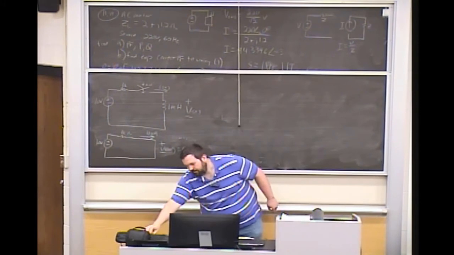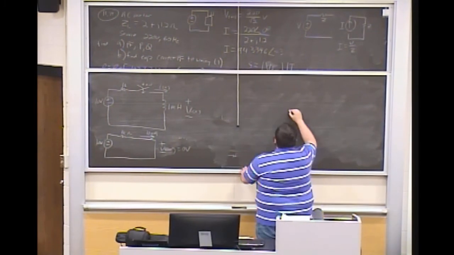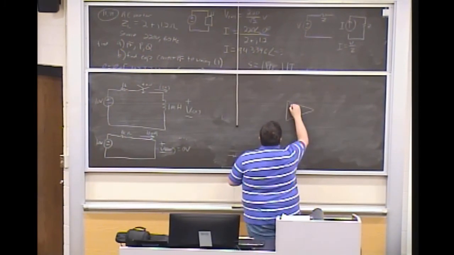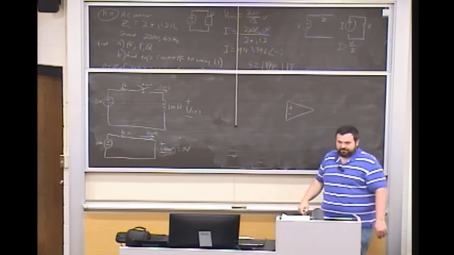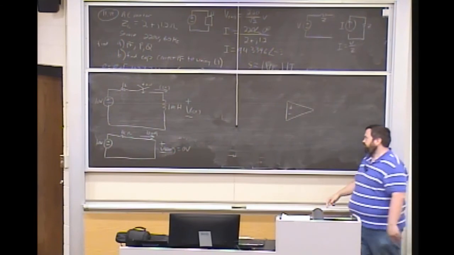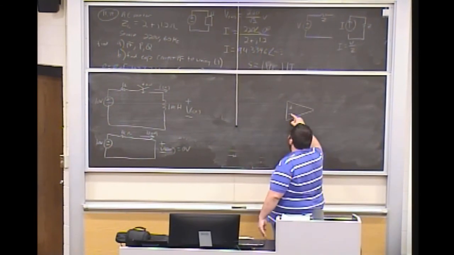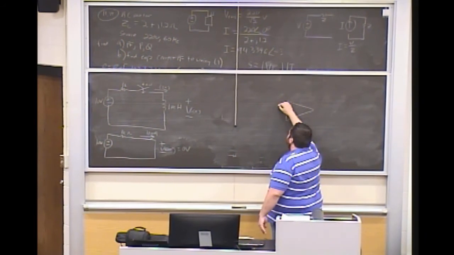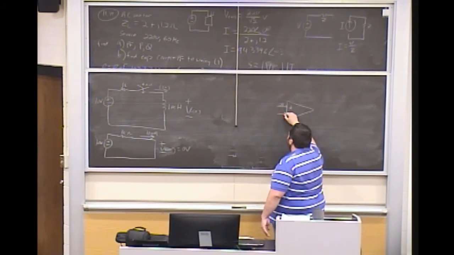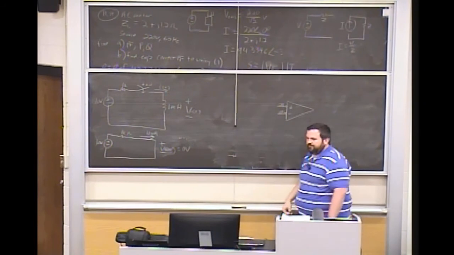So on an op amp, what do we have? We have infinite input impedance, or input resistance. So effectively, ideally, there's 0 current here and 0 current there.